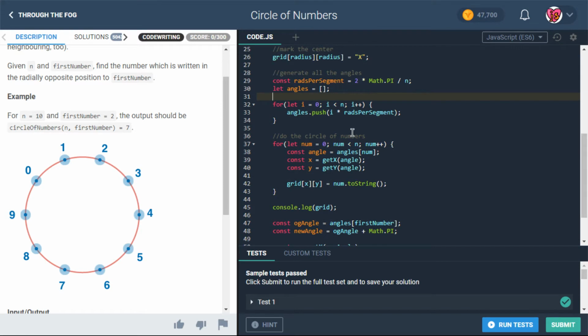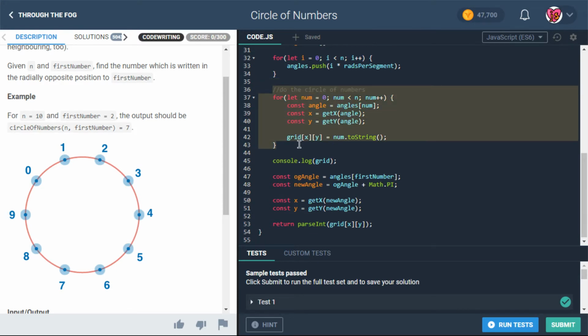Okay, so right, we generate all the angles, so we figure out what's the angle for every number. We then put those numbers on the grid by converting our angles into Cartesian coordinates using the functions we had above here. And notice we use those functions again later down here, which is why they're functions, because we don't want to repeat ourselves. Okay, console.log grid, that's just for fun, so we can see it.